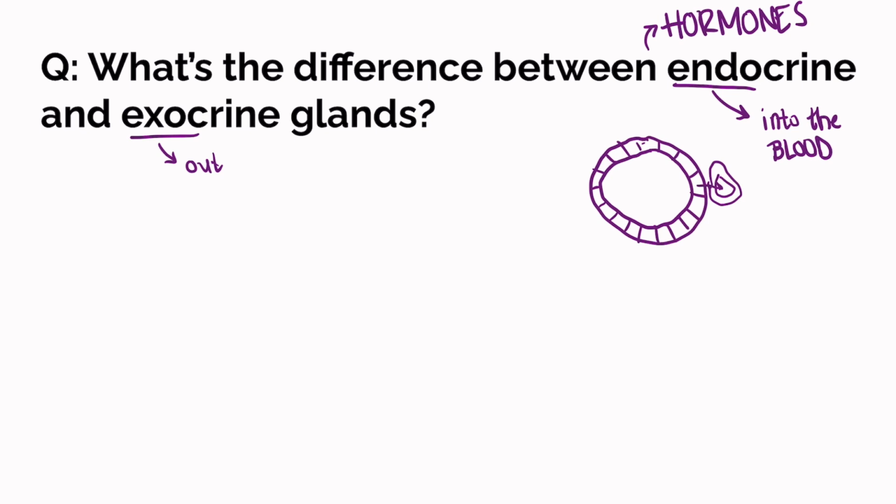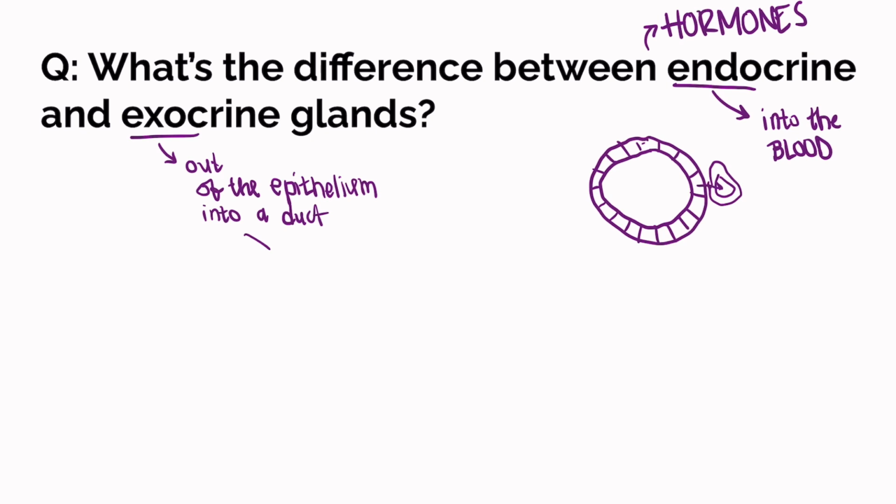Exocrine stands for out, and so they don't necessarily always go out of the body, but they go out of the epithelium. So glandular tissue is always epithelium. This is going to go out of the epithelium and into a duct. An example of this would be your salivary glands, your pancreas.